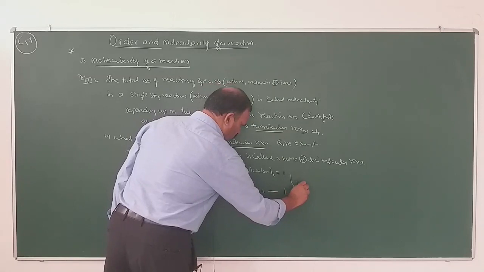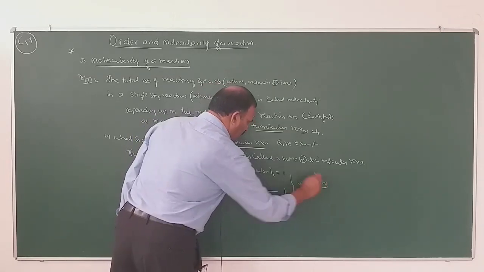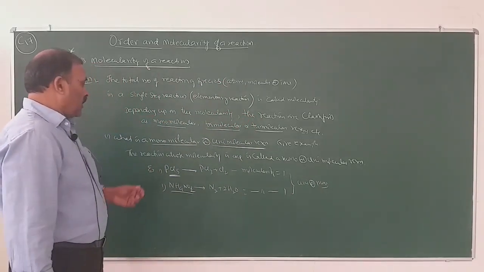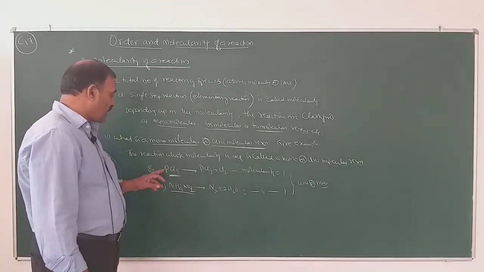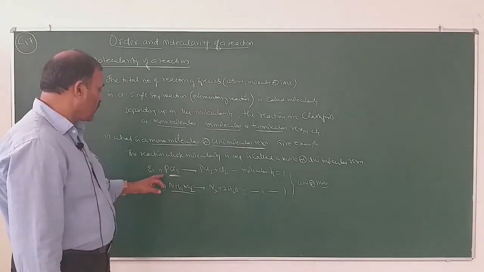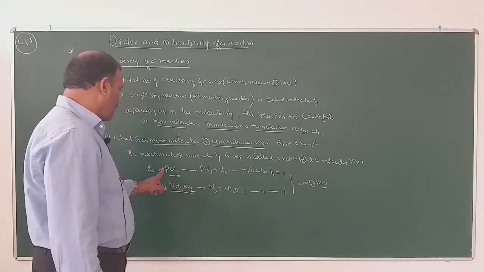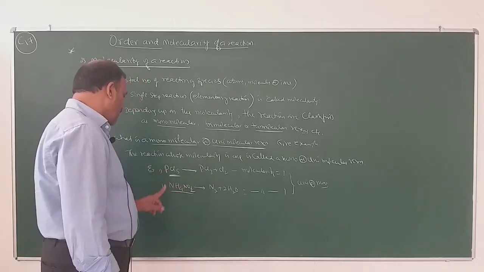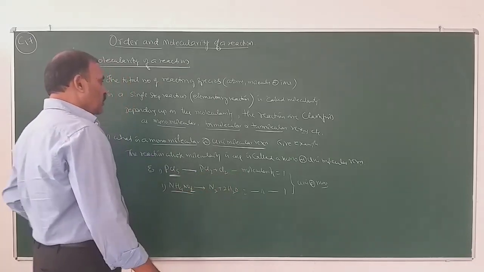Therefore, these are all unimolecular or monomolecular reactions. Molecularity can also be defined as the sum of the coefficients of the balanced chemical equation. Here the number of molecules taking part is 1, so molecularity is 1, therefore it is a unimolecular reaction.